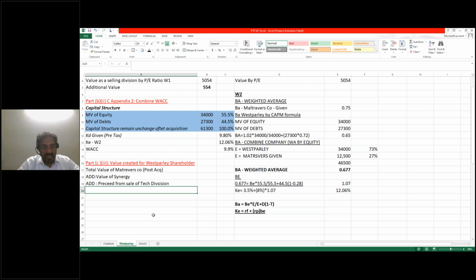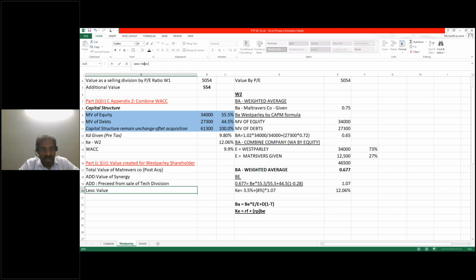And definitely, if we want to work out the value created for the shareholder, the important thing is that all these we are getting, but definitely we have to spare something, or we have to pay something.